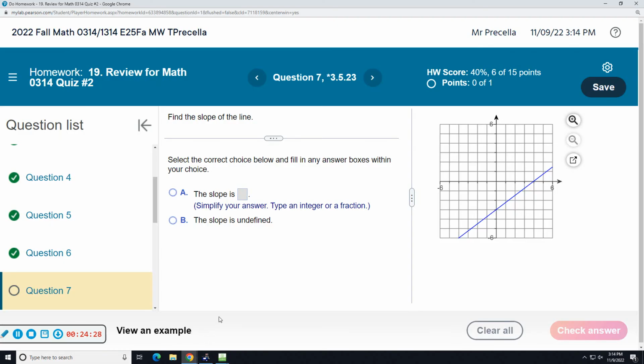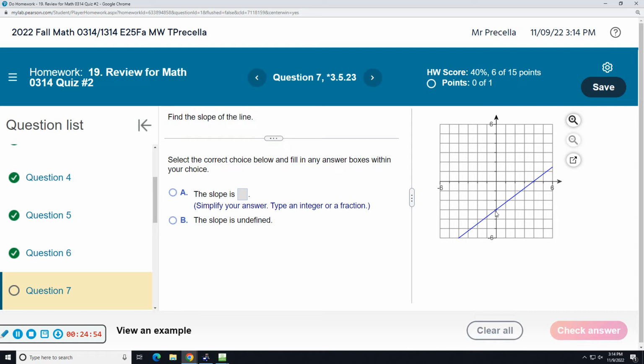So coming back here, notice the line passes through the y-axis clearly right there, and it passes through the x-axis right there. I'm going to start at this point and work my way to this point here. Let's start at the low point. What would the rise be?